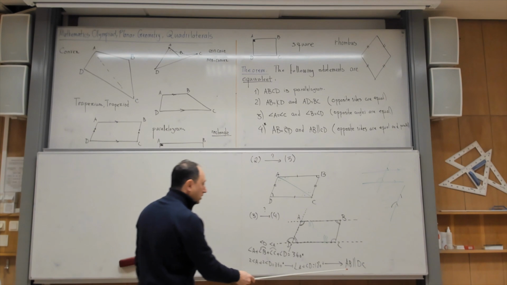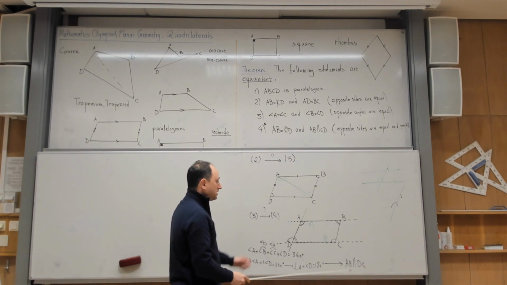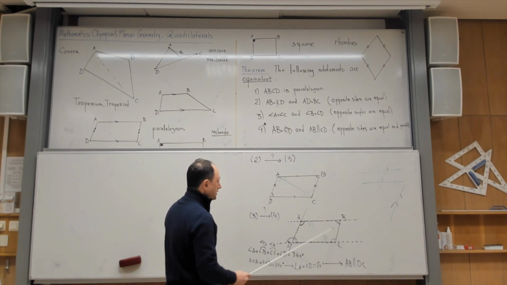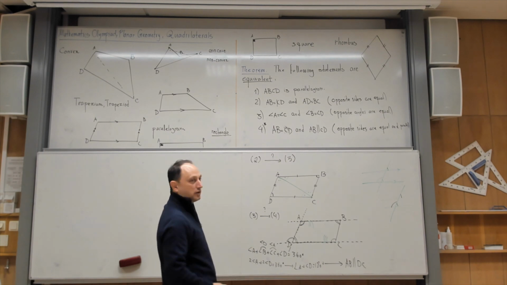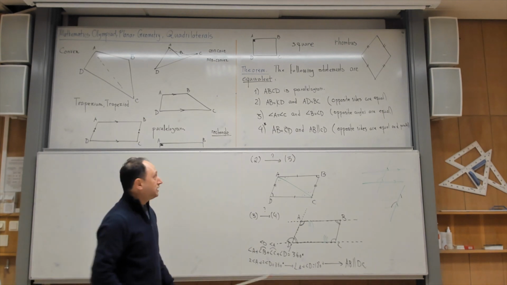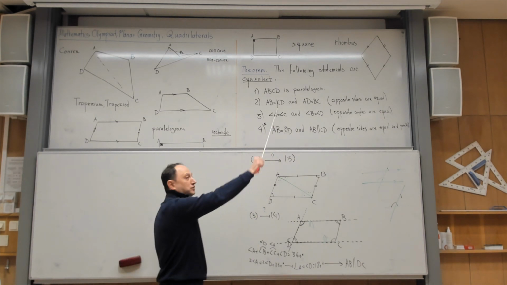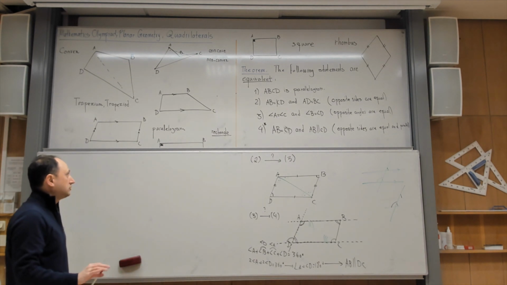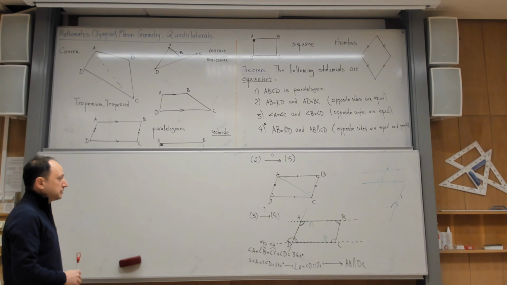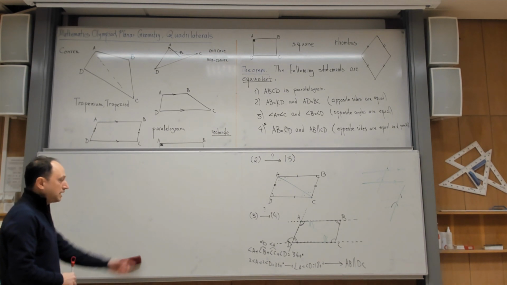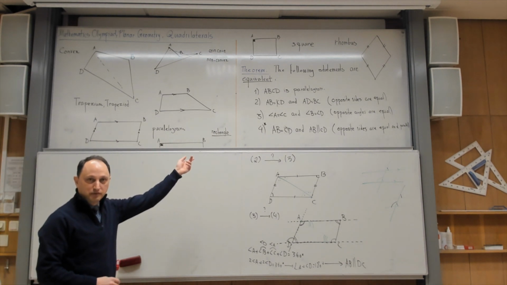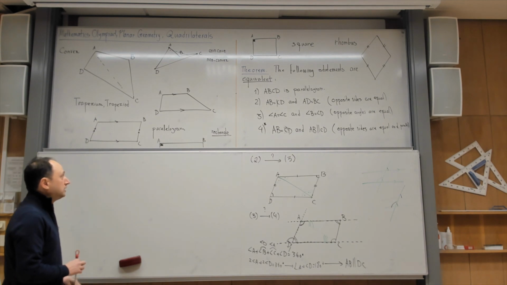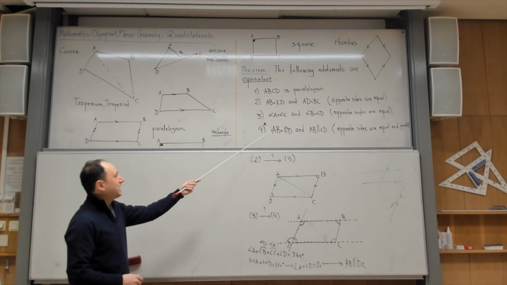So when you conclude that AB and CD are parallel, then suddenly it becomes a parallelogram. And then you can jump to the first one and conclude the second one. That's correct, but it is possible even without that jump. That's what I'm saying.